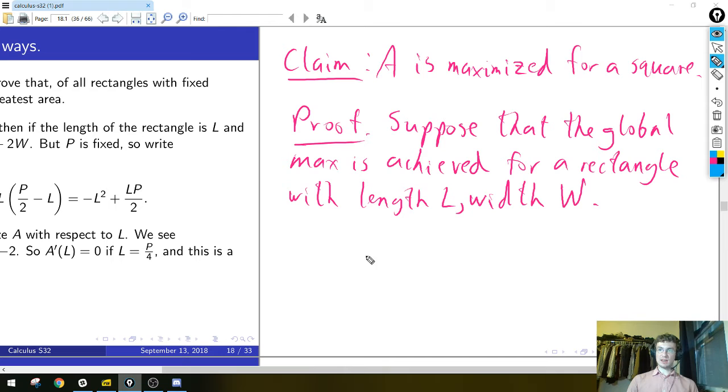Now I'm going to draw it. So here's the non-square rectangle that we are supposing is the global maximum of the area function. Here's L, and here's W.